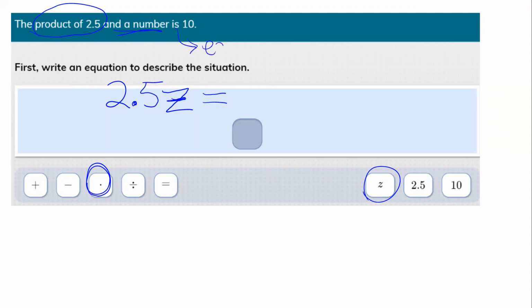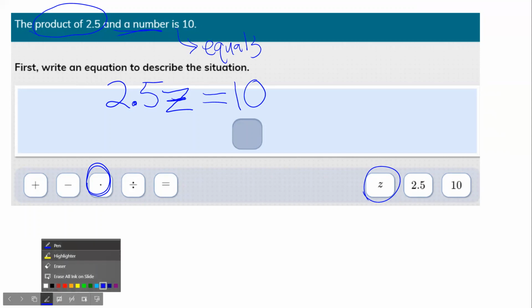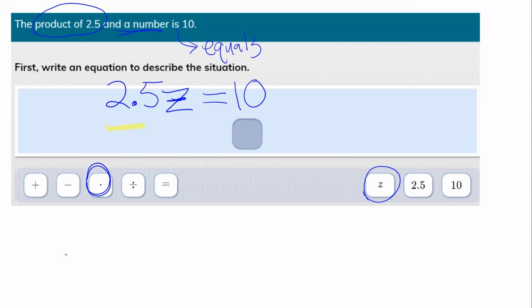Is another way to say equals in math, okay? Is 10, okay? So let's read it back and make sure that we've got it, okay? So we've got the product of 2.5 and z, so those are being multiplied times one another, is, which means equals 10. So I'm satisfied that we did that correctly.